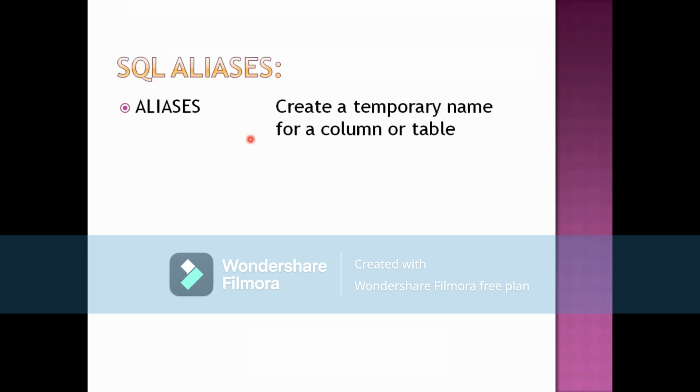For example, I would like to rename the first name column of the employees table. That means the alias name is Fn. Then by using the alias concept, we can rename the column name.